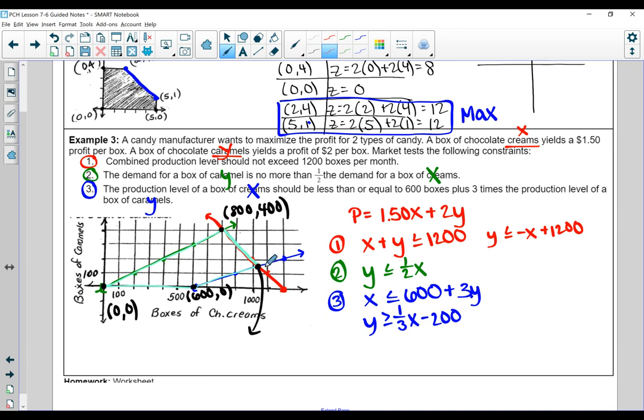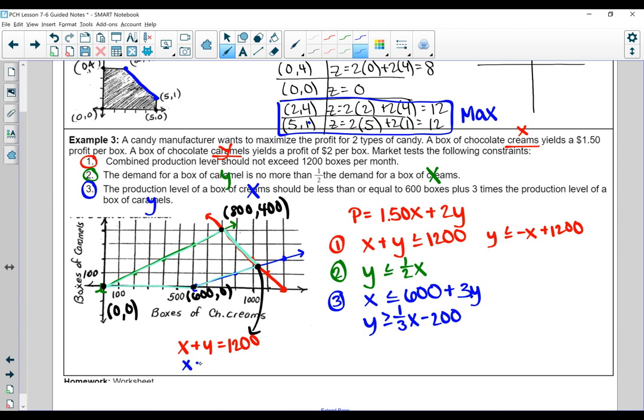Well, the red line and the blue line are intersecting, so I have to do a system of equations of x plus y, and I'm looking for where they intersect, so I'm just going to have that equal 1200, and then I am going to bring over my blue equation.